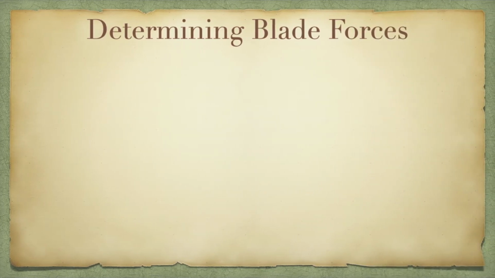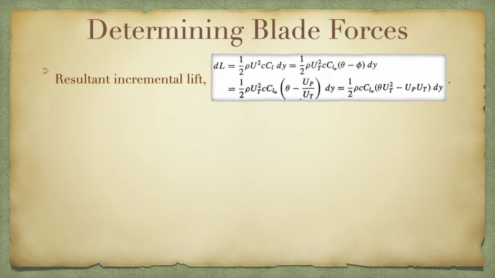Next is the concept of resultant incremental lift, dL. This resultant incremental lift per unit span on the blade element is given by dL equal to 1 by 2 rho U squared c CL dy. Here rho is the density, U is the resultant velocity, lowercase c is the chord length, CL is the lift coefficient, and dy is the element length.